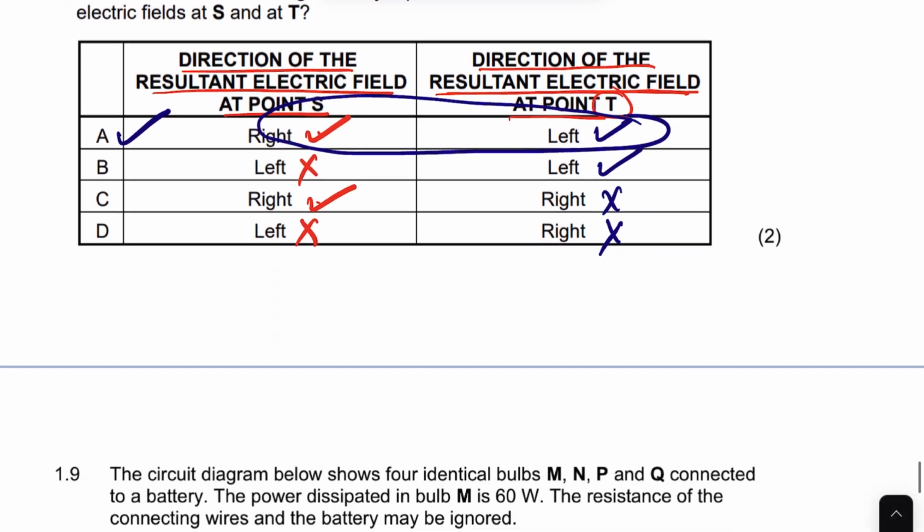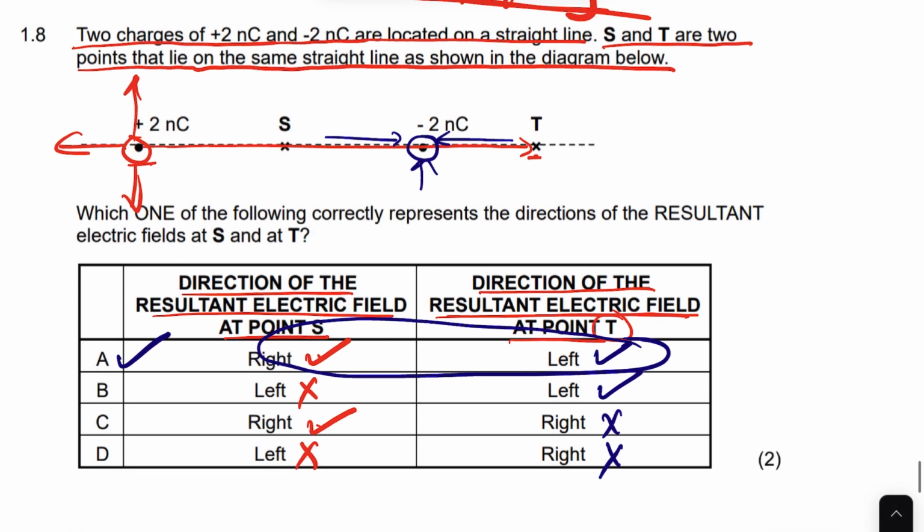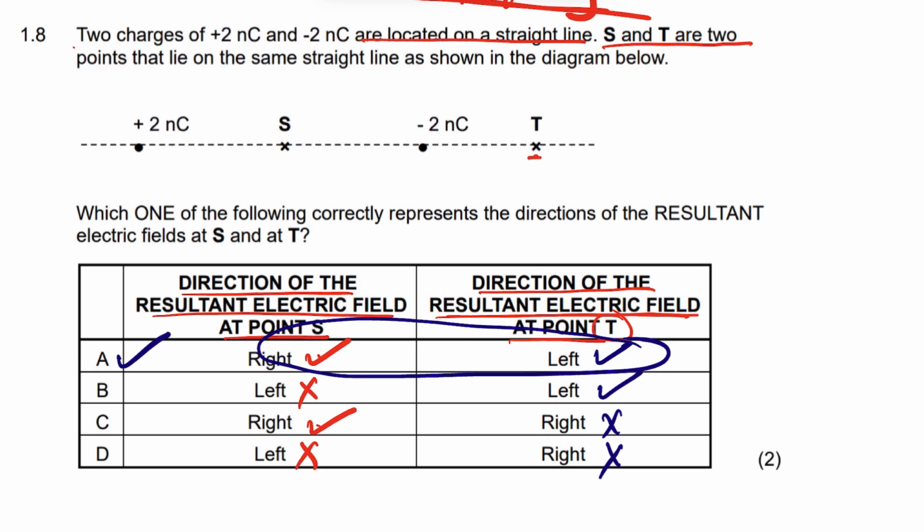I hope I make sense, guys. There are so many ways to do that. Let's look at another option that will confirm it, maybe if you didn't understand. Now, this point we'll take as the positive test charge, right?